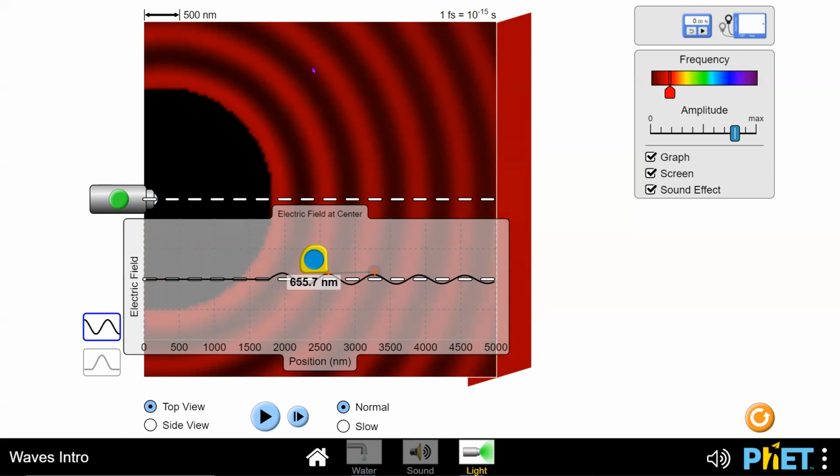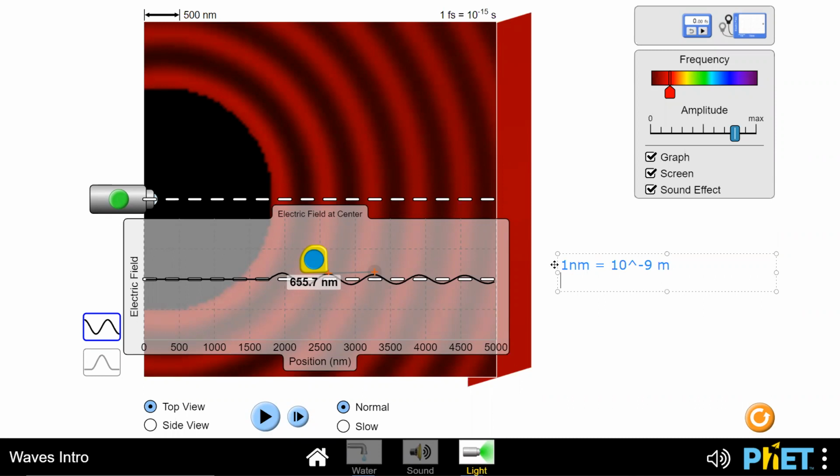If you don't know, let me write it down for you. 1 nanometer is equal to 10 to the power -9 meter. This is a really, really small scale of distance. So the wavelength of red light is very, very small.